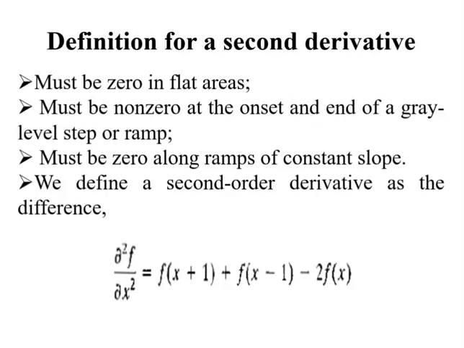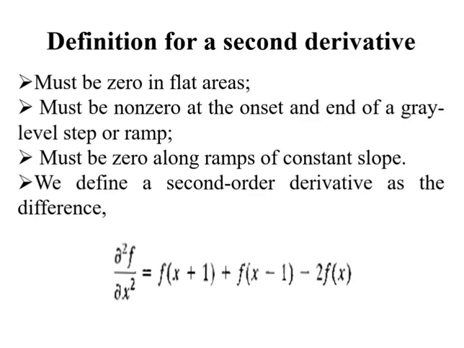Let us consider the properties of the first and second derivatives as we traverse the profile from left to right. First, we encounter an area of constant intensity, and as figures B and C show, both the derivatives are 0 there, so condition one is satisfied for both.